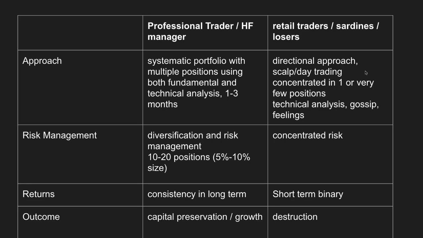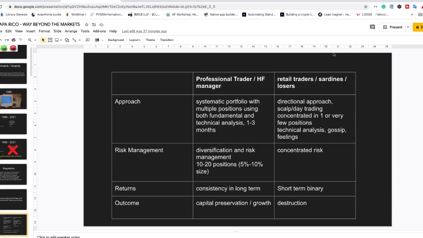So what's their approach? If you're a professional trader, you will be more systematic. You have a systematic portfolio with multiple positions. I always say this to you guys: the professional trader will always take care of multiple positions at the same time.